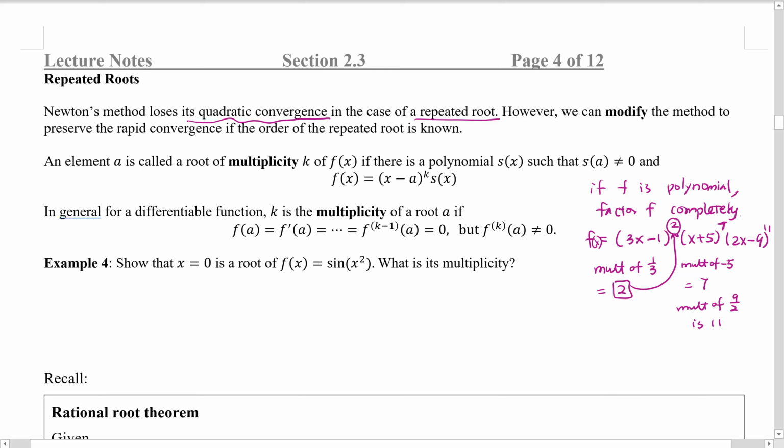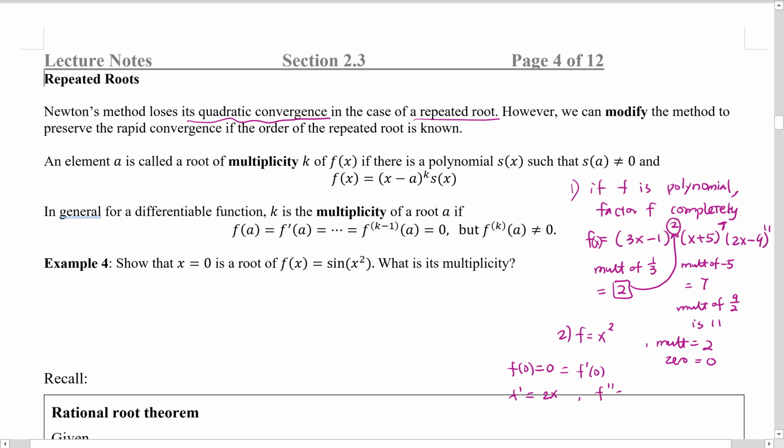Think about the easiest example. X squared. We know the multiplicity is 2, right? And the root is 0. So f of 0 is 0. And what is f prime? Well, f prime is 2x. So you can see when you plug in 0, f prime of 0 is also 0.